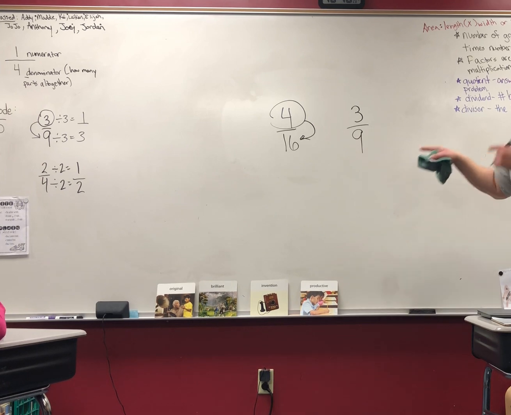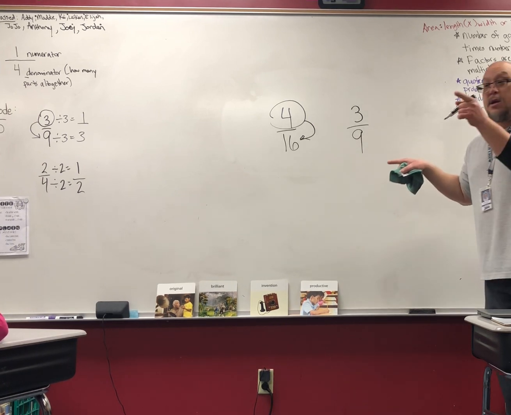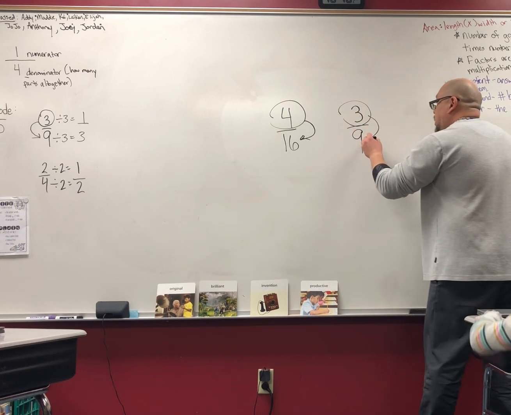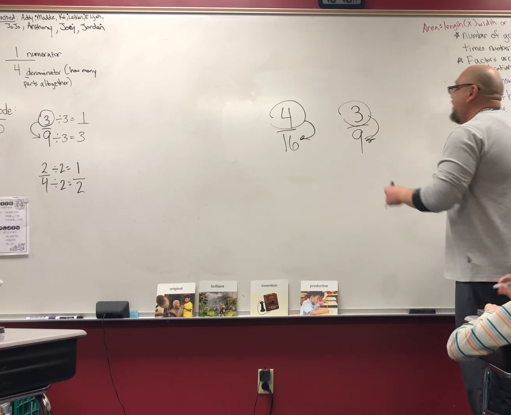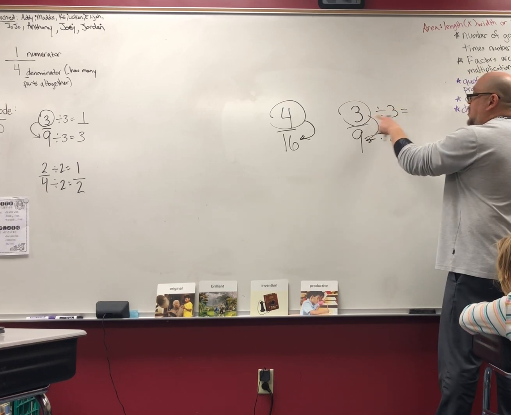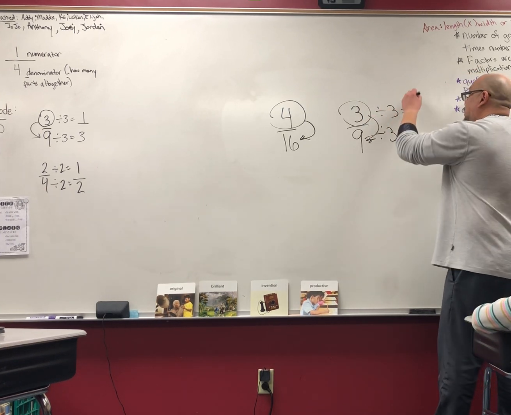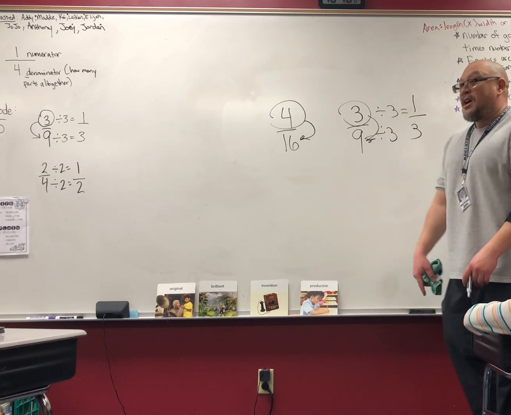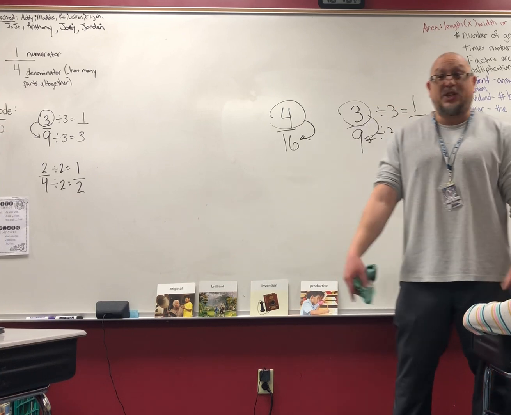But what can we divide it by? 3. We can divide it by 3. So the numerator can go into the denominator. So let's divide it by 3. What's the top number? 3 divided by 3 equals? 1. 9 divided by 3 equals? 3. And that is how we can find equivalent fractions.